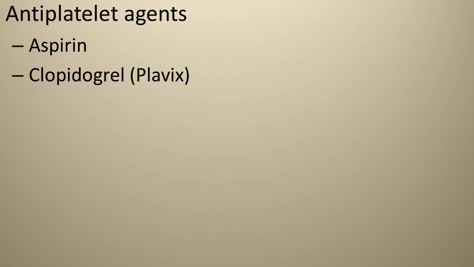Many times your patients might be on aspirin, and even Plavix, or clopidogrel, are two such examples of antiplatelet agents. They say Plavix is even better for reducing the risk of myocardial infarction, ischemic stroke, and even vascular death.